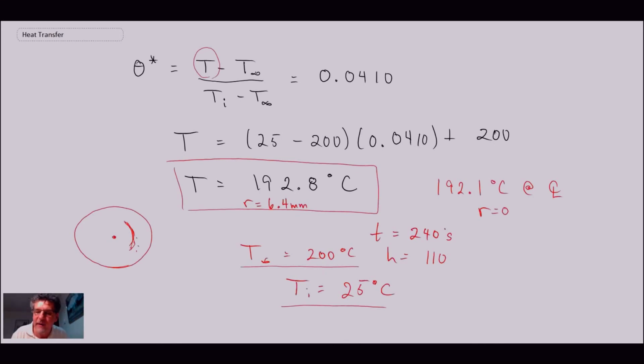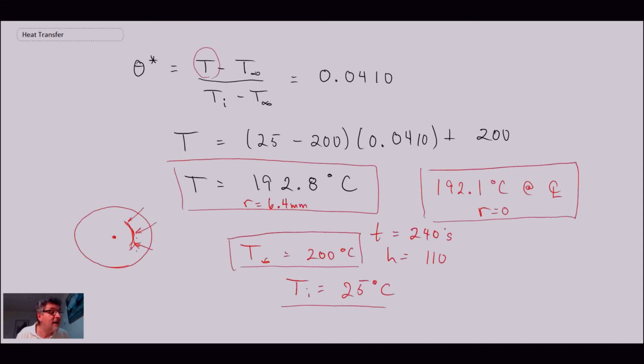The center line will take the longest to warm up because heat transfer is moving in, and it takes time because we have the time constant. There's a transient term in the heat diffusion equation, so it takes the longest for the center line to warm up. Based on these hand-waving arguments, this does make sense, because the center line temperature is lower. It's going to take longer for the center line to warm up, and eventually it will go to 200 degrees C if we let this go to T infinity.